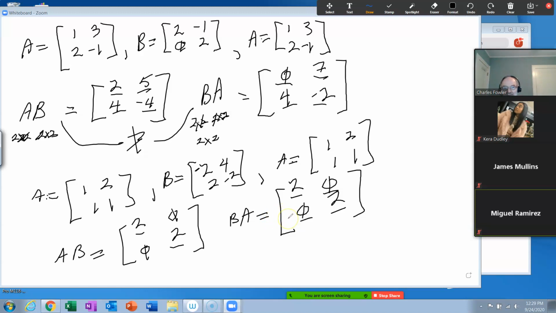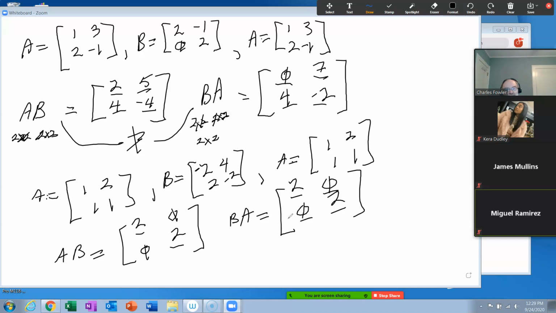Now, if you think that's a little suspicious, in case you are thinking, isn't that a multiple of our identity matrix, which would have been 1, 0, 0, 1? You're absolutely right.